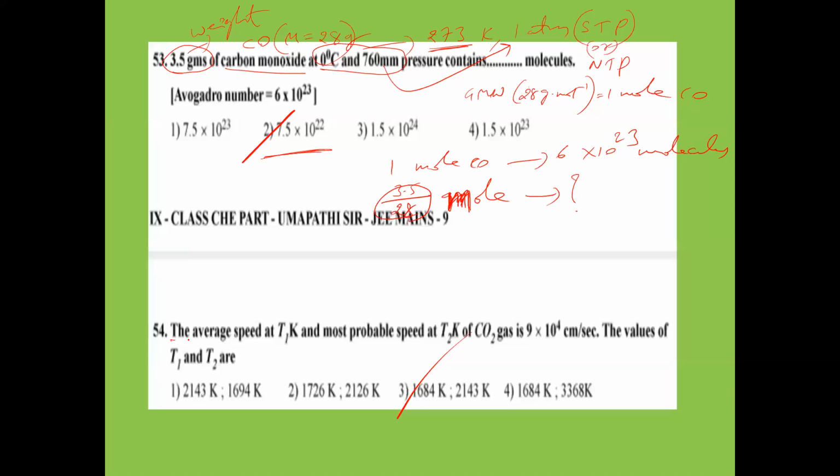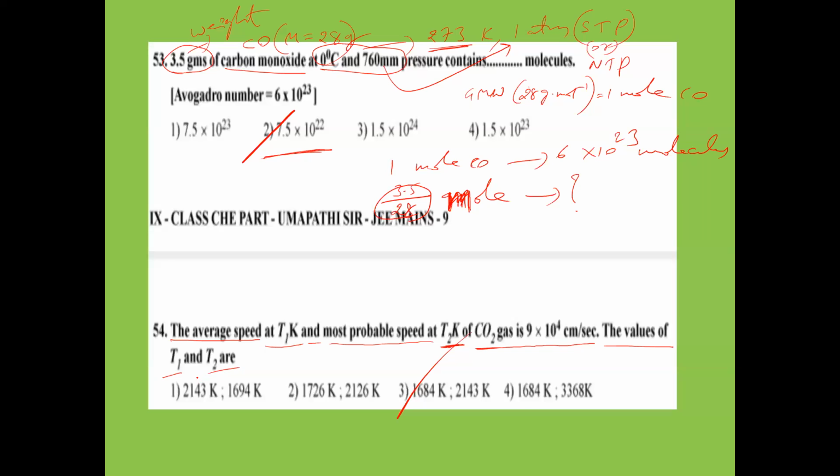Next, the average speed at given temperature T1 Kelvin and the most probable speed at T2 Kelvin of CO2 gas is given here. Now the values of T1 and T2 are what?